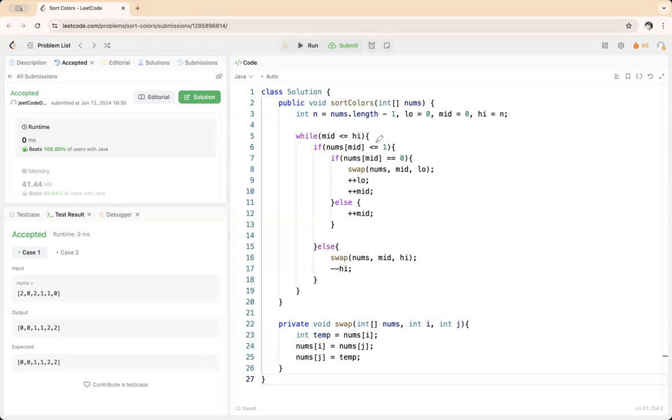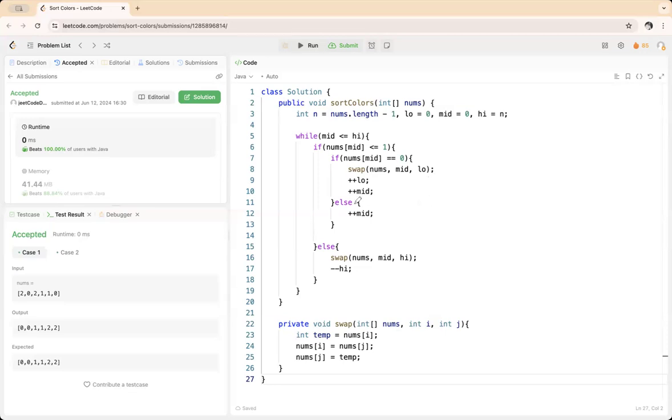And since mid has to be incremented, if nums of mid is 0, then we are swapping, and that new value which is coming under mid is now 1. So we can safely say that this mid is pointing to a 1. And that's why we have to increment this mid in all cases.